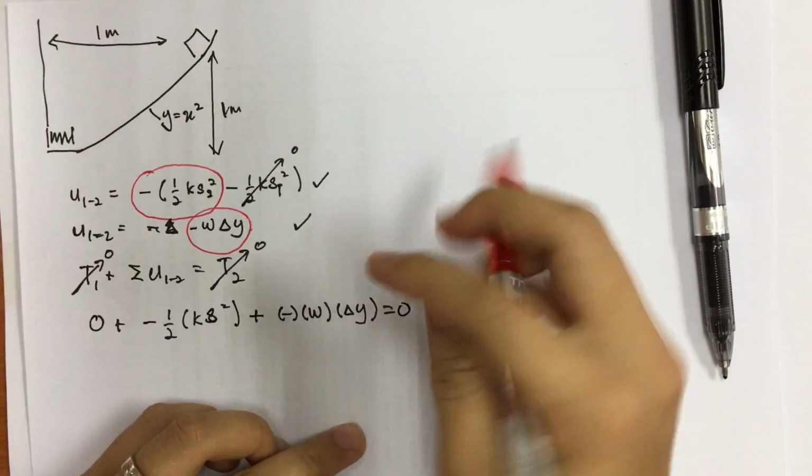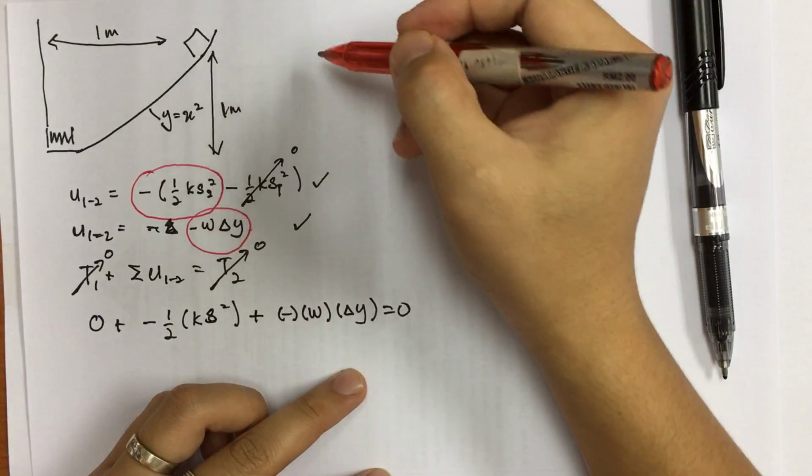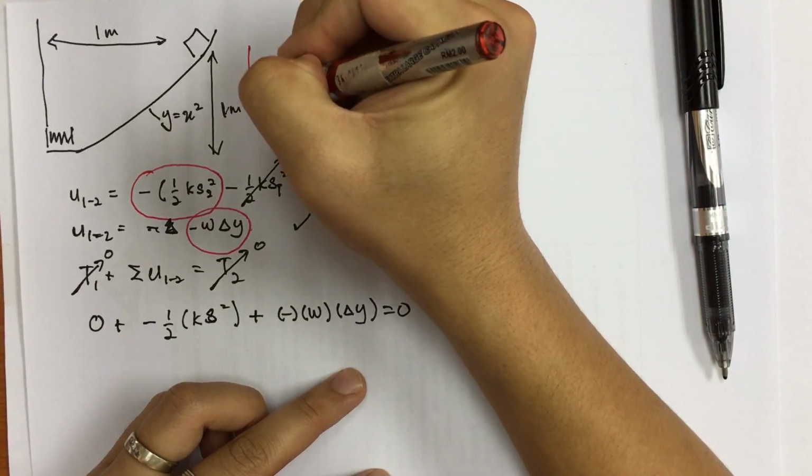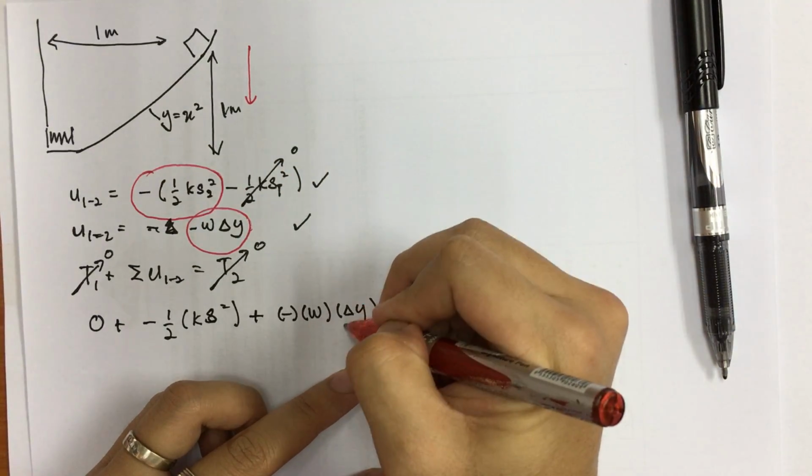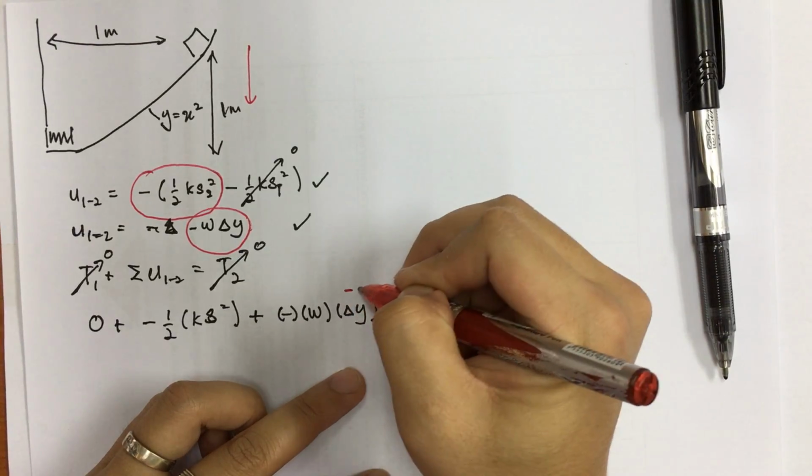We know y is equal to 1. However, we are moving downwards, so this is going to be minus 1.